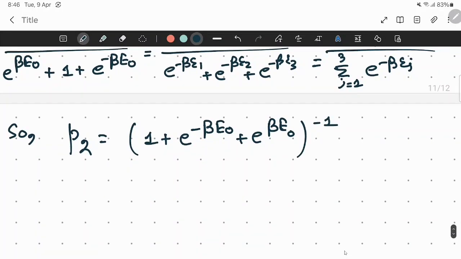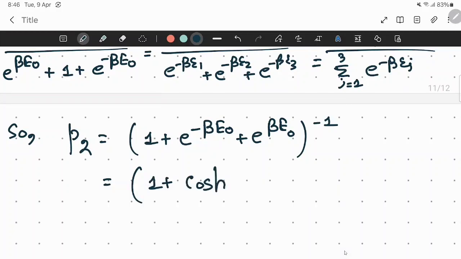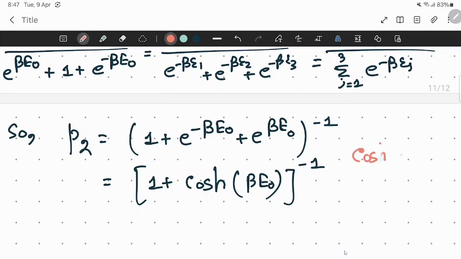So you can write it as 1 plus 2 cos hyperbolic of beta E0, to the power minus 1. Because the definition of cos hyperbolic function, cos hyperbolic of x, is e to the power x plus e to the power minus x by 2. So eventually that will get.